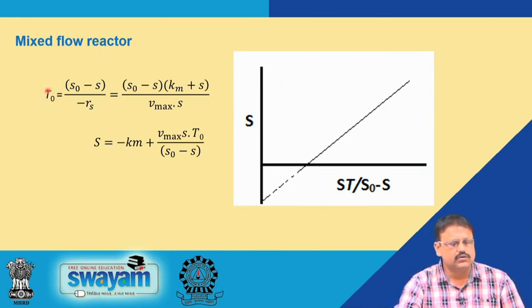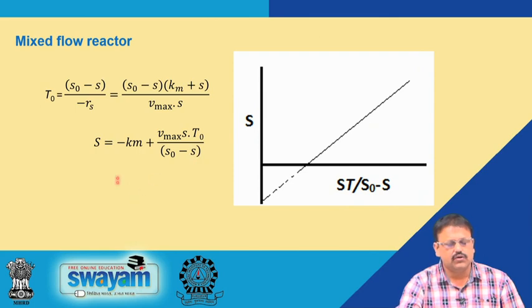In the case of Rs we put the Michaelis-Menten equation, and if we rearrange the equation, S equals minus Km plus Vmax times S tau by (S0 minus S).